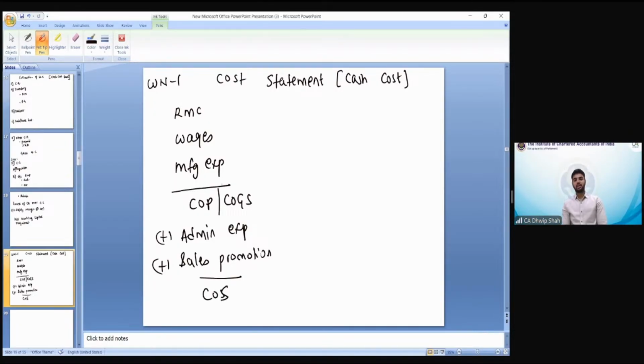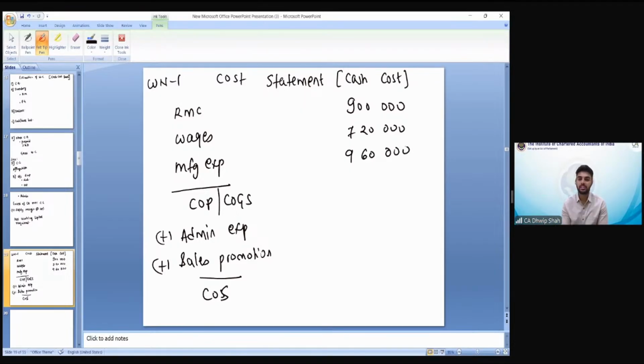Okay? So let's quickly first prepare the cost statement. Material consumed is 9 lakh. So here we will write 9 lakh. Labor is 720. So 720 is my wages. Cash manufacturing expenses is 960.